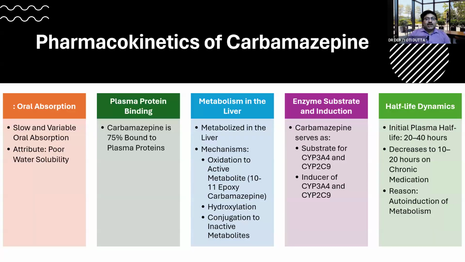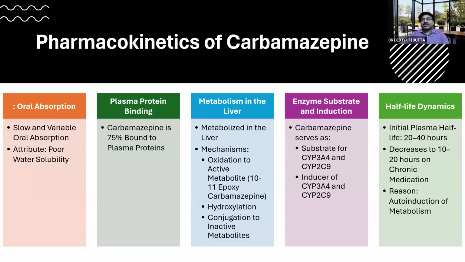Now, coming to the pharmacokinetics, it has slow and erratic oral absorption, poor water solubility, and is 75% bound to the plasma protein. What is more important is its metabolism. It is metabolized by the cytochrome enzyme in the liver, along with hydroxylation and conjugation to inactive metabolites.